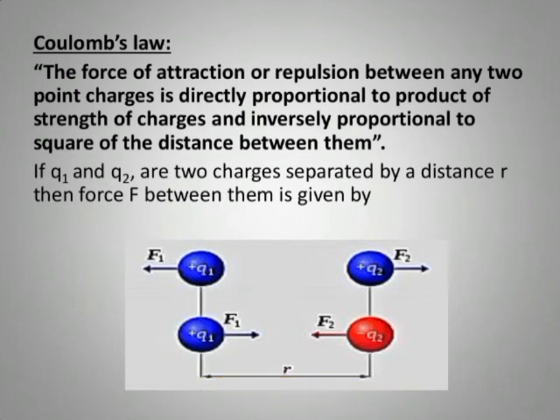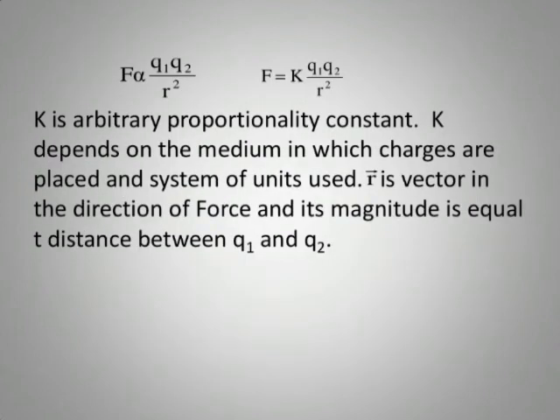And going to the expression of Coulomb's law, it is given as F directly proportional to Q1 Q2 divided by R square. And now if I take out this proportionality, I have to introduce a constant that is called K, and K is the proportionality constant, and K depends on the medium in which the charges are placed.